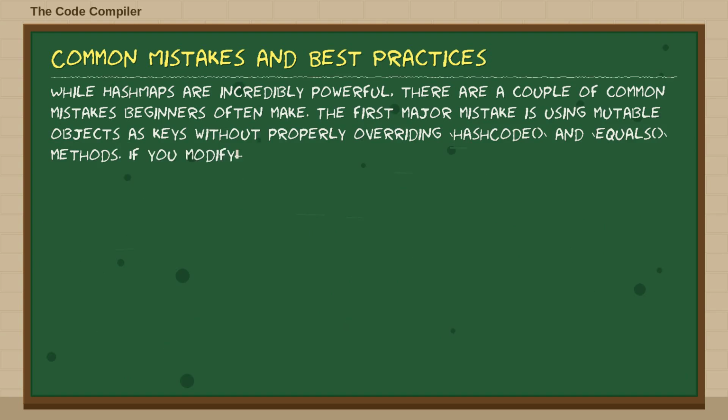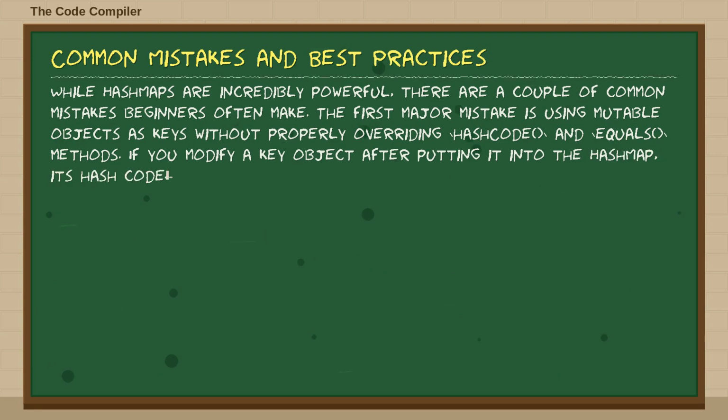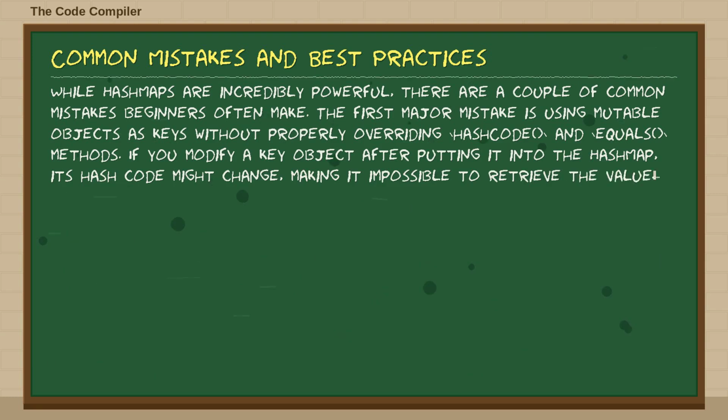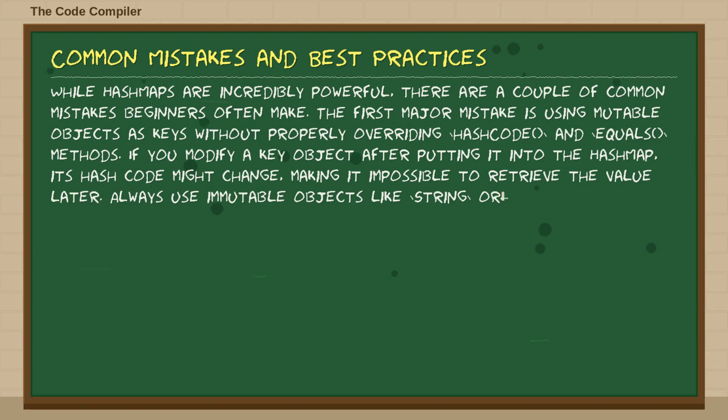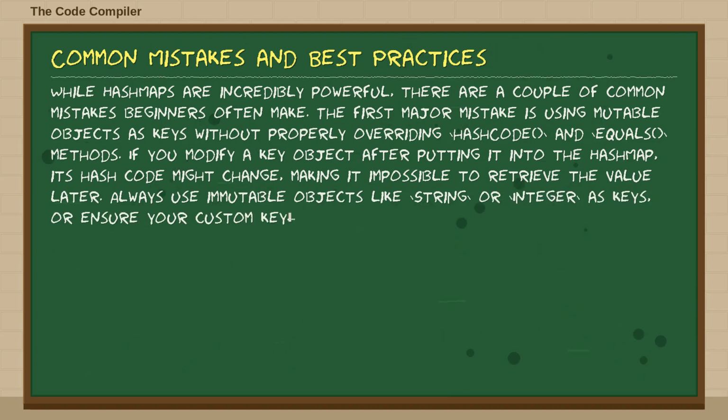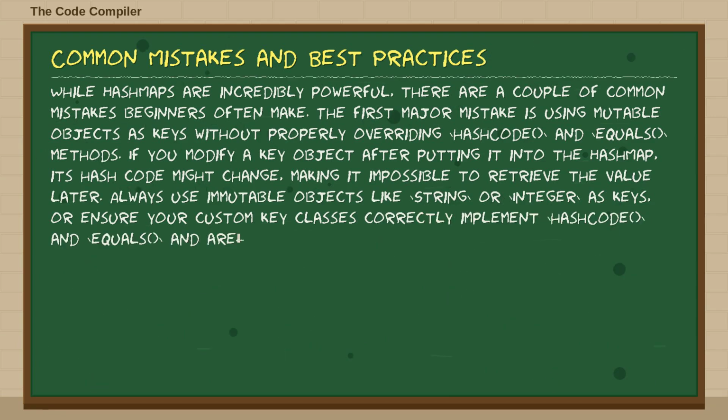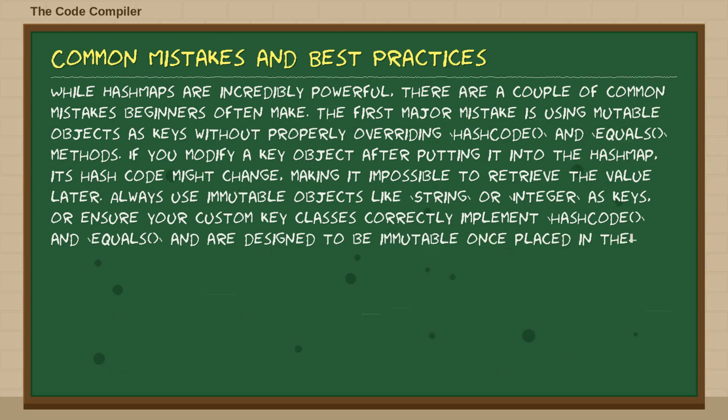If you modify a key object after putting it into the hash map, its hash code might change, making it impossible to retrieve the value later. Always use immutable objects like String or Integer as keys, or ensure your custom key classes correctly implement hashCode and equals and are designed to be immutable once placed in the hash map.